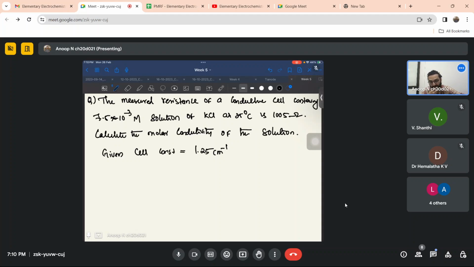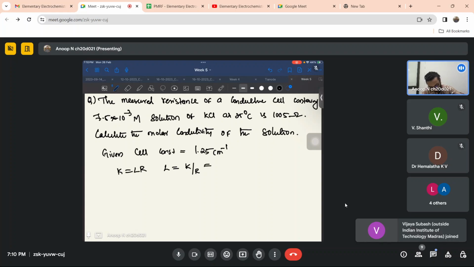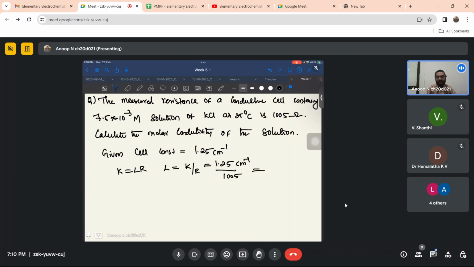How do we solve this? What's given? Cell constant is given. K is equal to L into R. So we can write L is equal to K by R, which is equal to 1.25 centimeter raised to minus 1 divided by 1005. What will be the value of this? Conductivity, specific conductance.